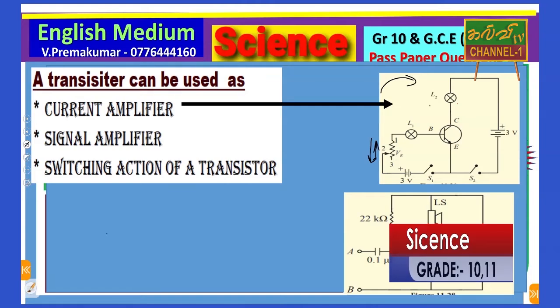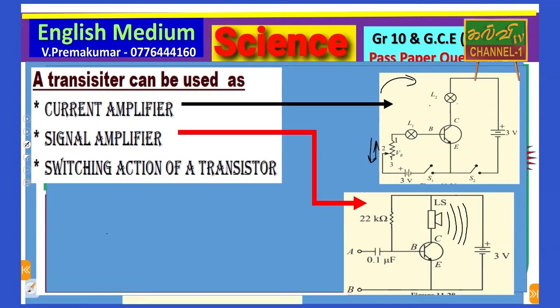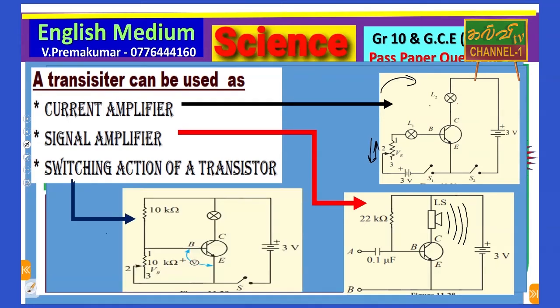For the signal amplifier, we use a speaker because the speaker can give sound. So when you change the signal on this side, the sound will come loudly on that side. These are the switching action circuits. There are two circuit sides, and the transistor can control the current as a switch.